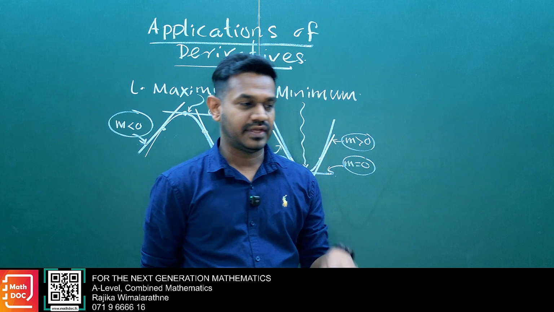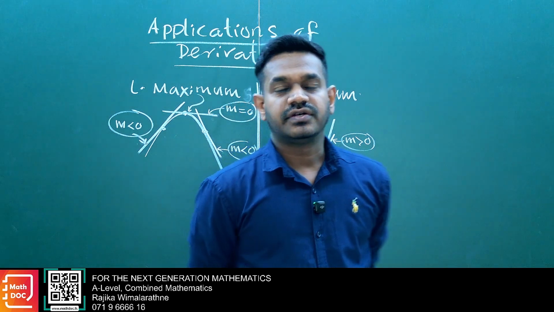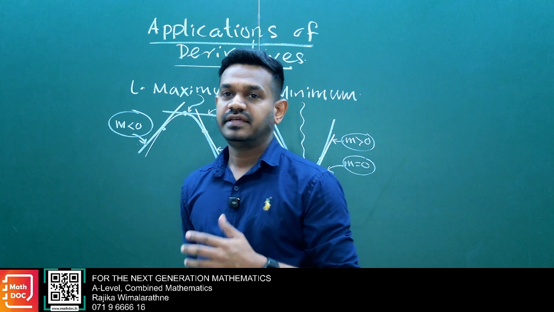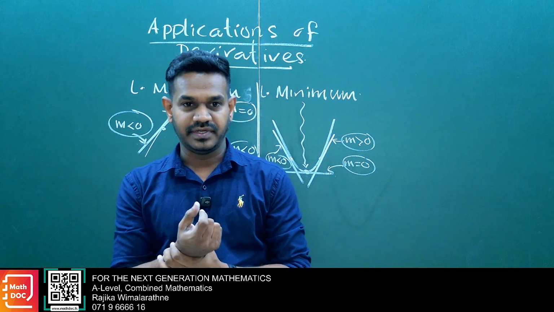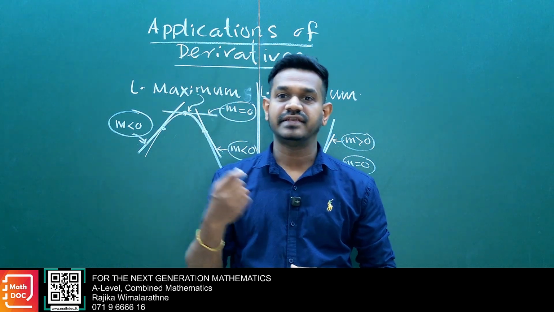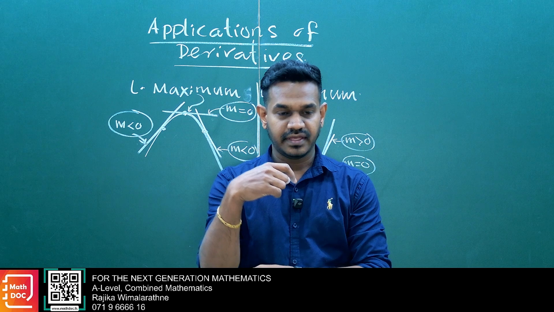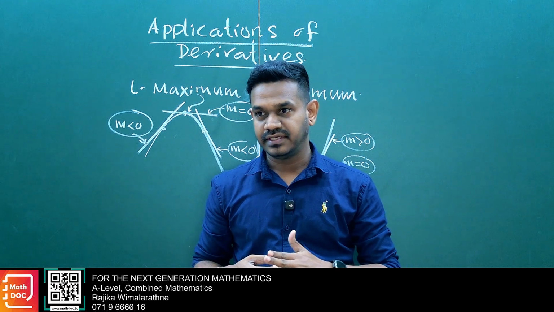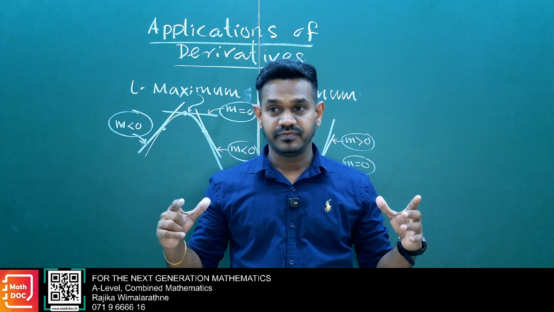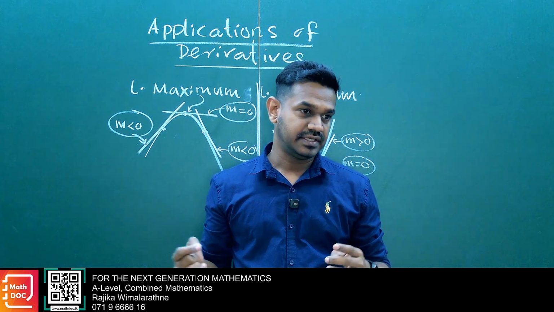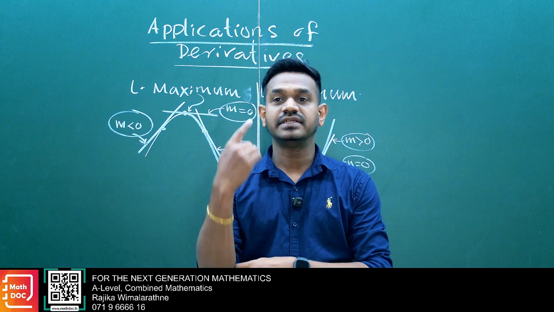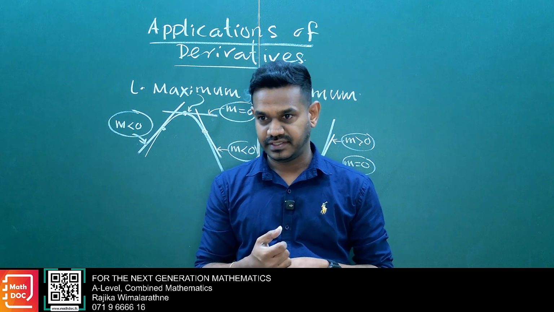Okay, two examples are enough. Now you can see there are some variables or quantities that vary with another quantity. In such a case, we have to maximize something or minimize something. If we need to maximize volume, we have to do something. If we need to minimize cost, we have to do something. Those things we analyze by using differentiation.